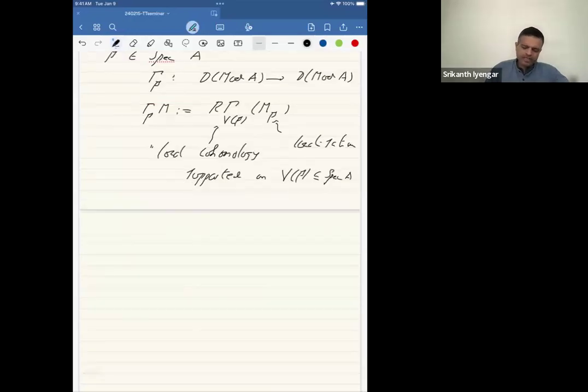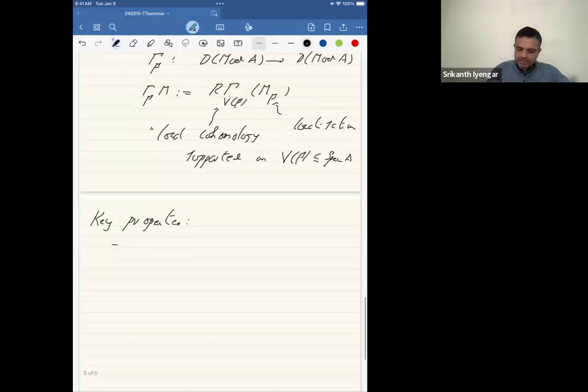It's not so important if you haven't seen this construction before; the key properties are the following. First of all, gamma P does live only on the prime ideal P, in that the support of this complex is contained in this prime ideal. It will be non-zero if gamma P M is non-zero.